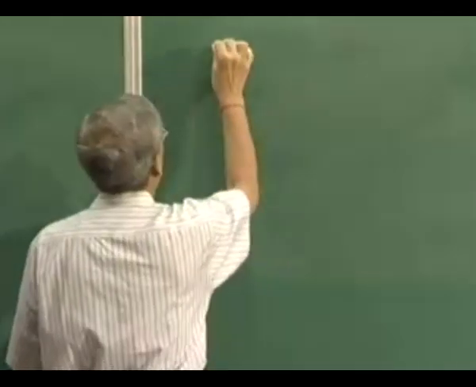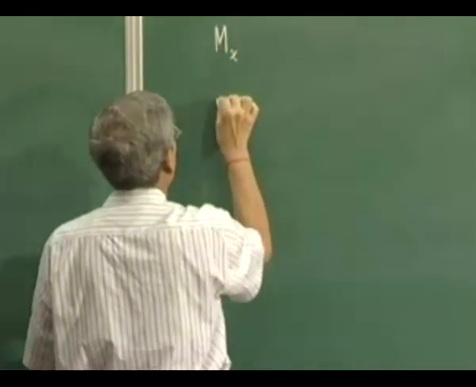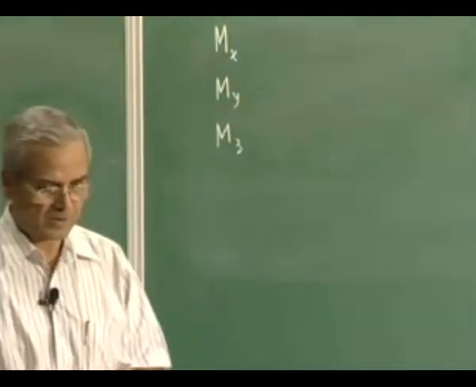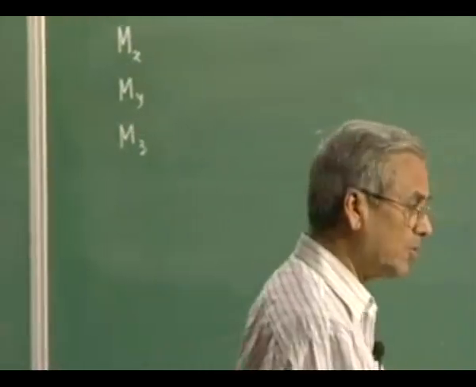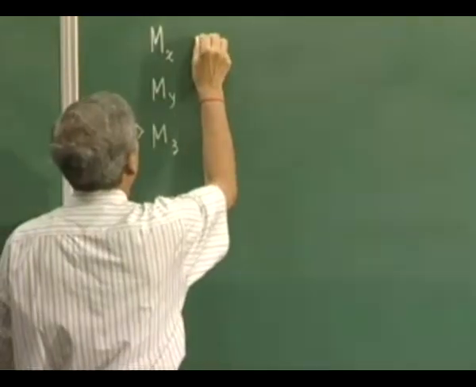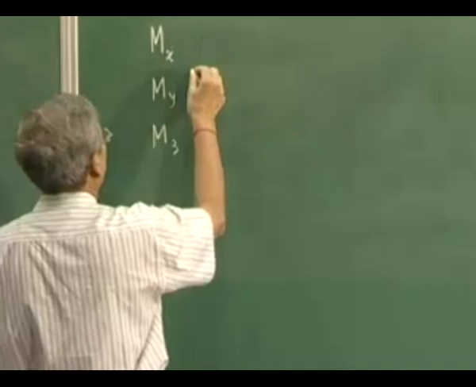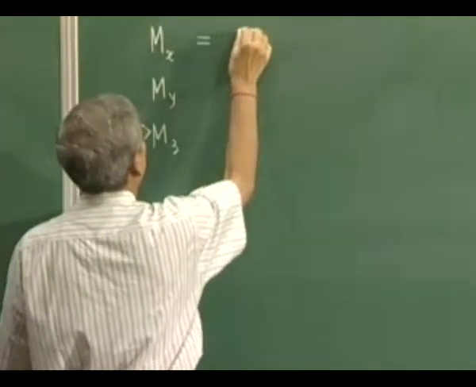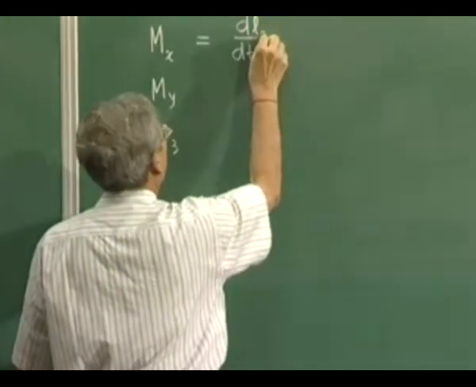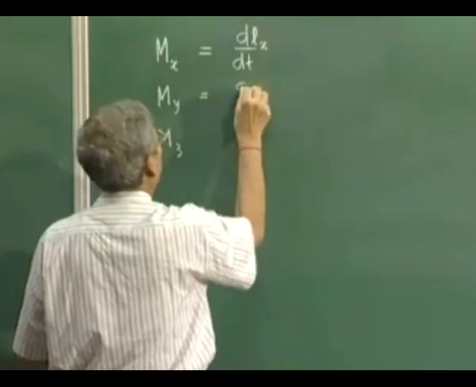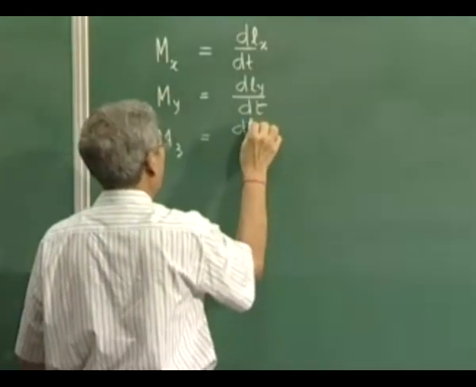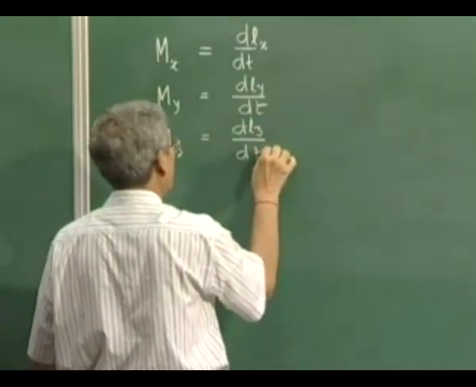Now if Mx, My, Mz are the three components of the externally applied moments acting on a rigid body about its center of mass, then we can show that Mx is nothing but the rate of change of the x component of angular momentum, My is the rate of change of the y component of angular momentum, and Mz is the rate of change of the z component of angular momentum.